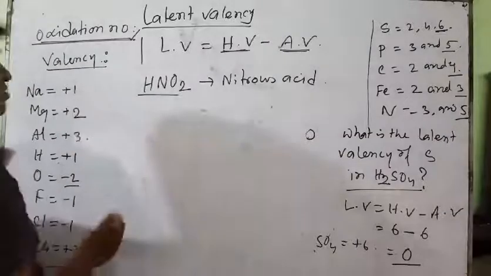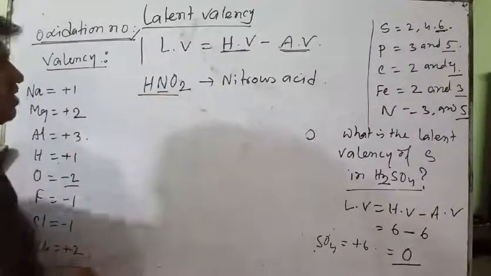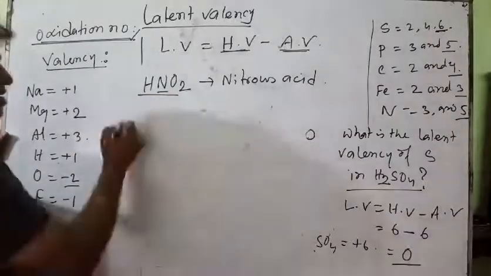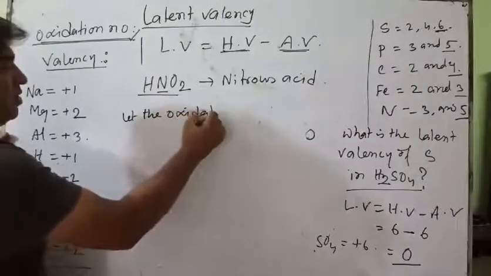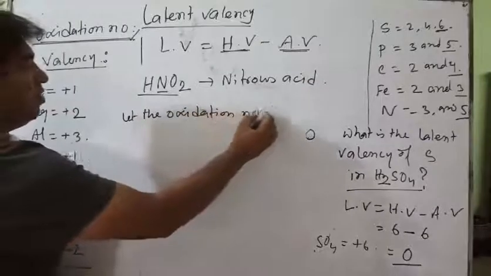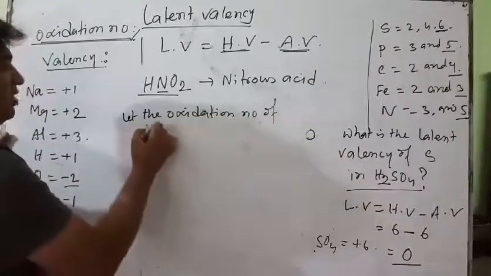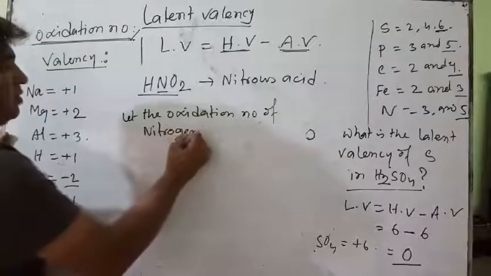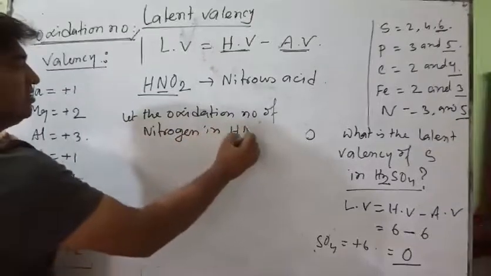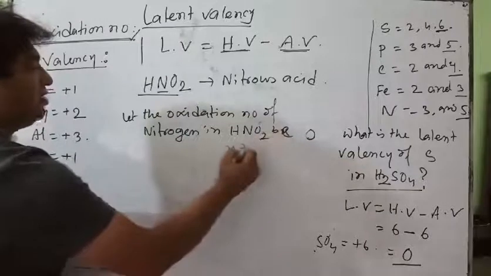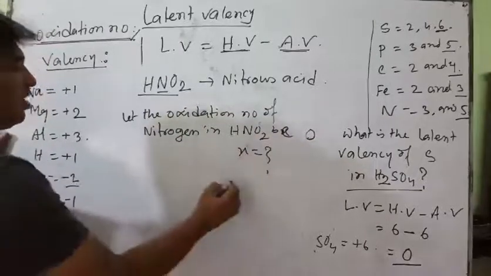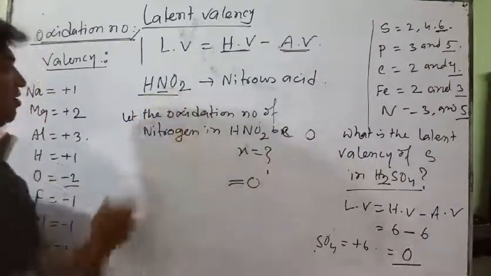Similarly, we can find the active valency of nitrogen in nitrous acid. Let the oxidation number of nitrogen in nitrous acid be x. The total oxidation number in a compound is 0.